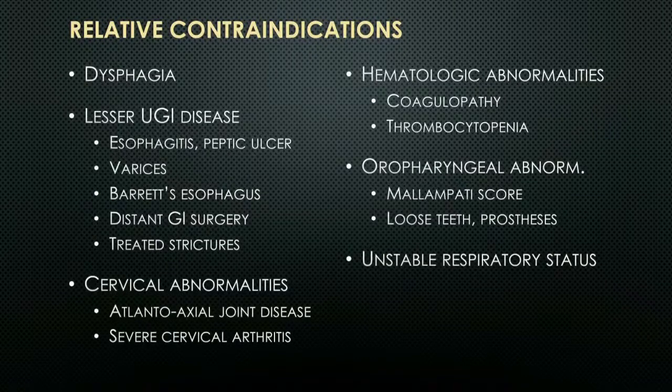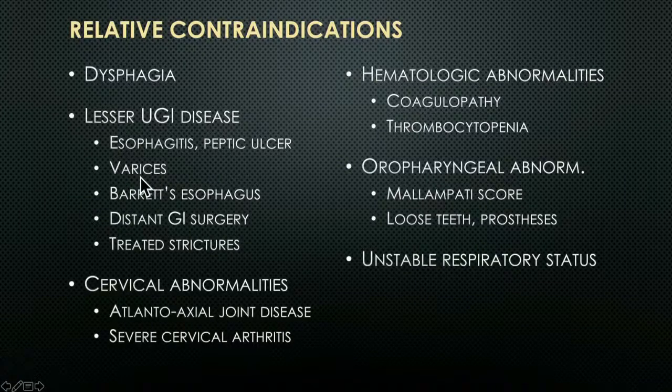More relative contraindications are those that you need to be aware of and think about, because frequently you can do a TEE in these situations, but you might want to activate your colleagues, either gastroenterologists, hematologists, or maybe your anesthesia colleagues, in terms of evaluation of lesser upper gastrointestinal disease.